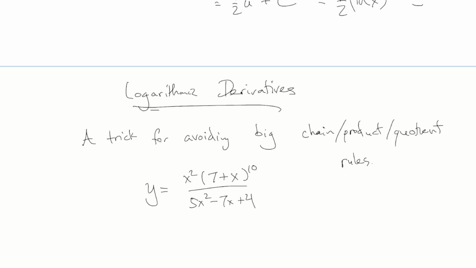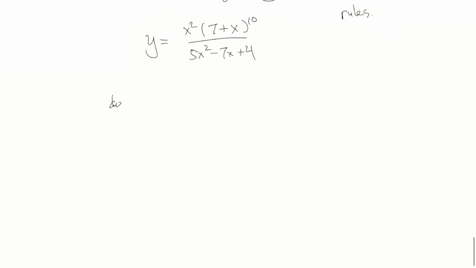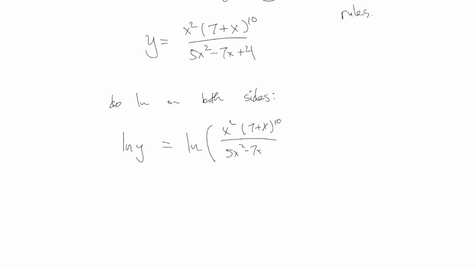Instead, you can do what we call the logarithmic differentiation technique, and that is do the natural log on both sides. It now says ln y on the left and on the right, ln of this big fraction, x squared times (7 plus x) to the 10 divided by that business, like so.